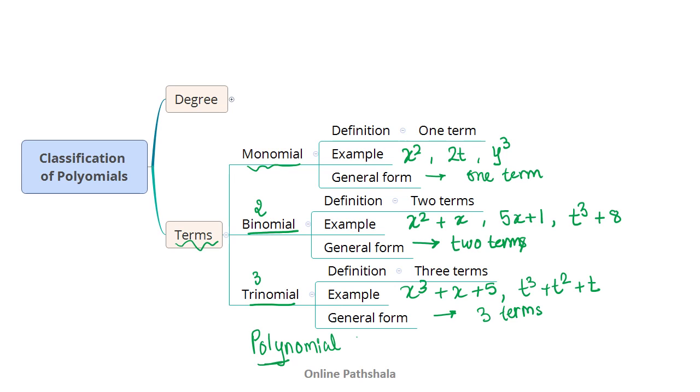So you can say that a polynomial is simply an algebraic expression which has n terms, where n is a whole number. It cannot be a negative number, it has to be a whole number. That was all about monomials, binomials, trinomials, and a polynomial.